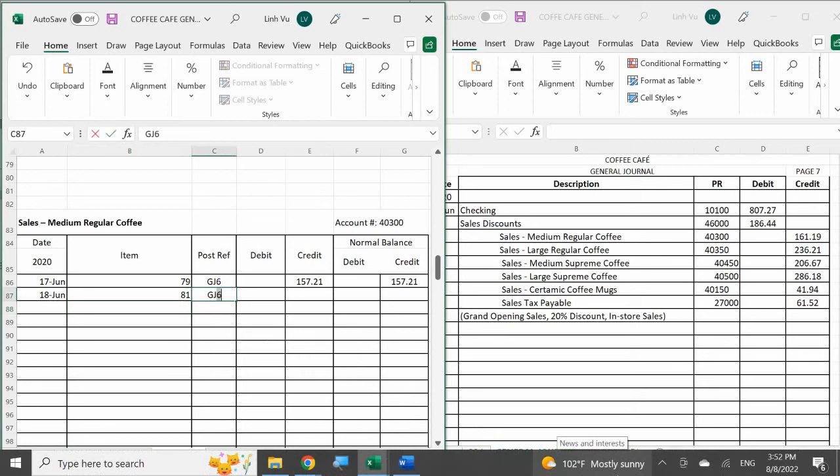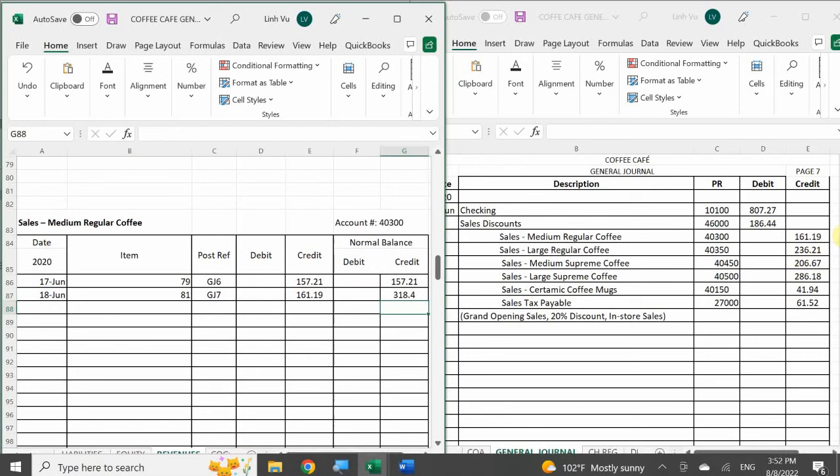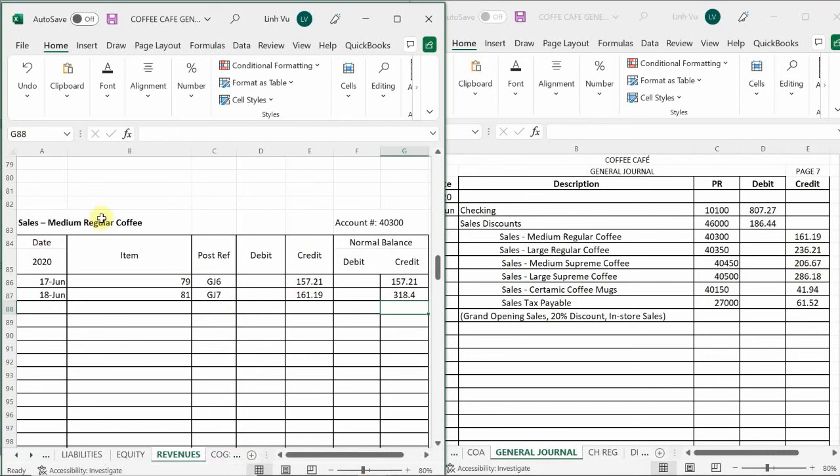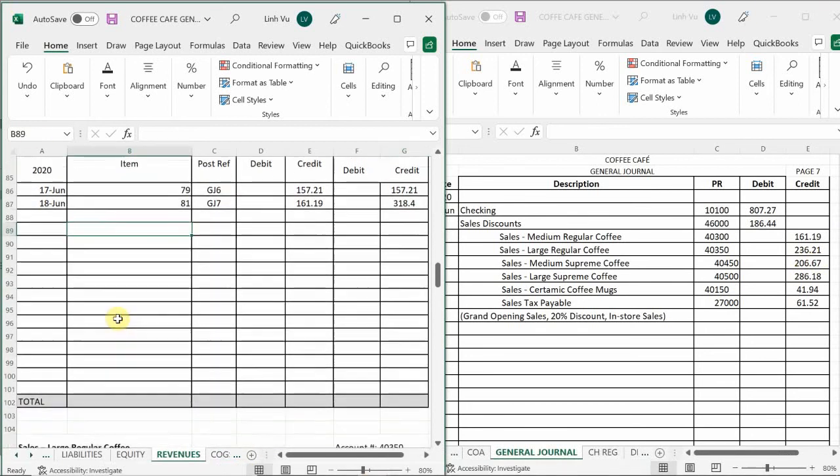Okay, on page 7, a credit of $161.19. Hold on, we have to do the totals here. I messed up the formula. Okay, so now I got $318.40 for the sales of the medium regular coffee.